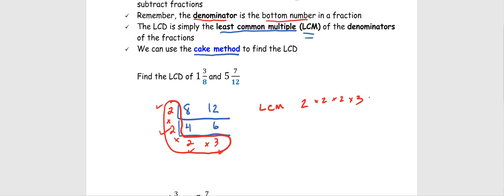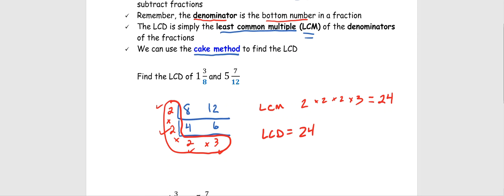And by the time I multiply all those together, I get 24. So what that tells me is that since the LCM of my denominators is 24, then my LCD is also equal to 24. So that is a quick refresher on least common denominators.